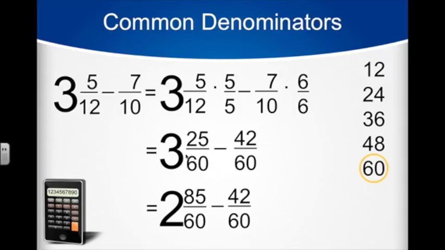Notice I took 1 from the 3 to make the 85/60. So now we only have 2 left as the whole number portion of the mixed number. We can finally complete the subtraction problem now, and since 85 minus 42 equals 43, our answer is 2 and 43/60.